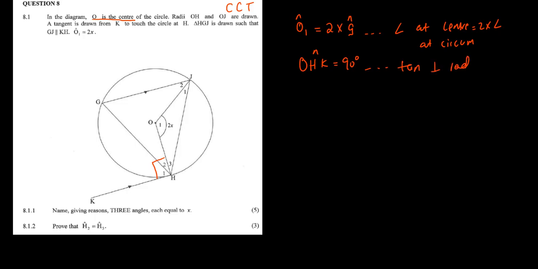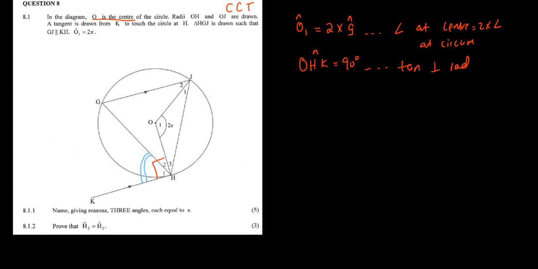Now tan chord is the one that is left, isn't it? So which angles will be equal if we apply tan chord? H1 equals angle G.